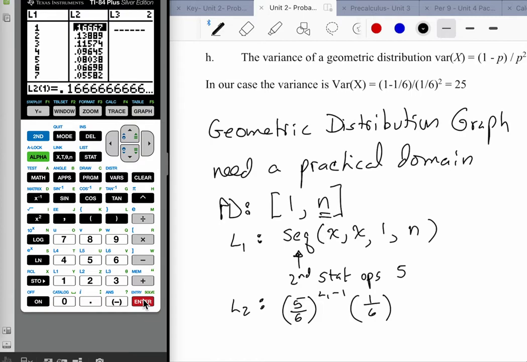But if you think about it, the probability of success is 1 out of 6. So if I make one attempt and I get it, well, it should be a 1 out of 6 chance. If I take 2 attempts, 3 attempts, 4 attempts, whatever, you just reason it out in your mind.